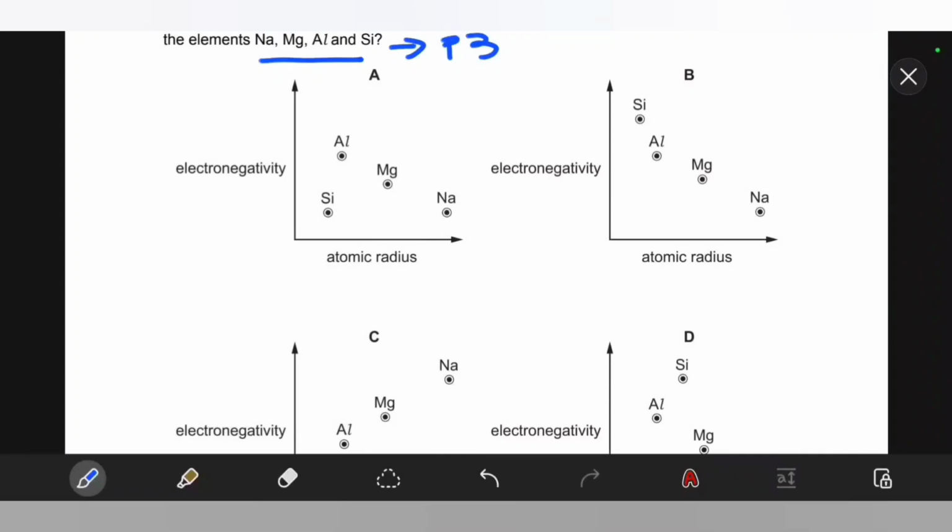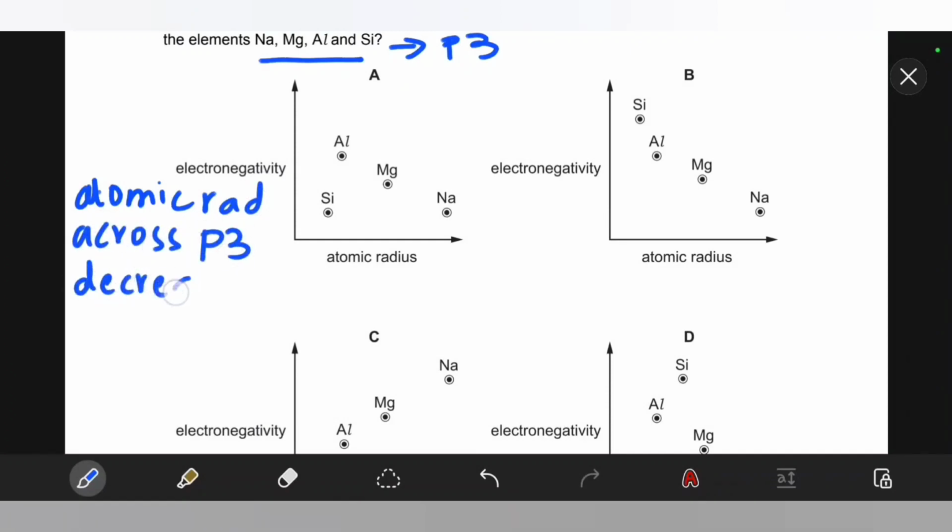We know that across period 3, the atomic radius decreases because electrons are added to the same shell and there is increasing nuclear charge, which is shown correctly in this one.